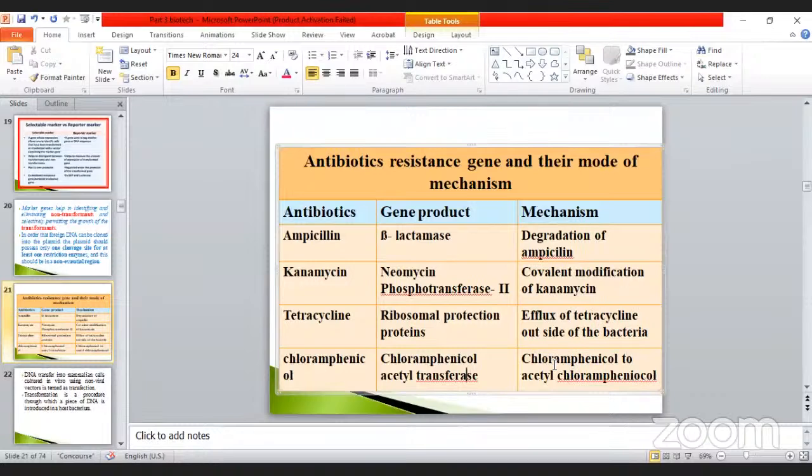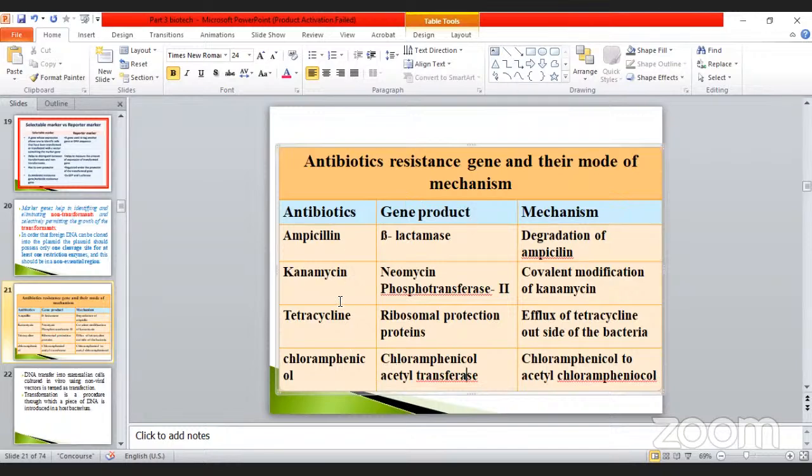Chloramphenicol to acetyl chloramphenicol. When this enzyme acts upon chloramphenicol, you add acetyl from here to here, that's all. With the help of the enzyme called chloramphenicol acetyltransferase, it is modified into some other form.